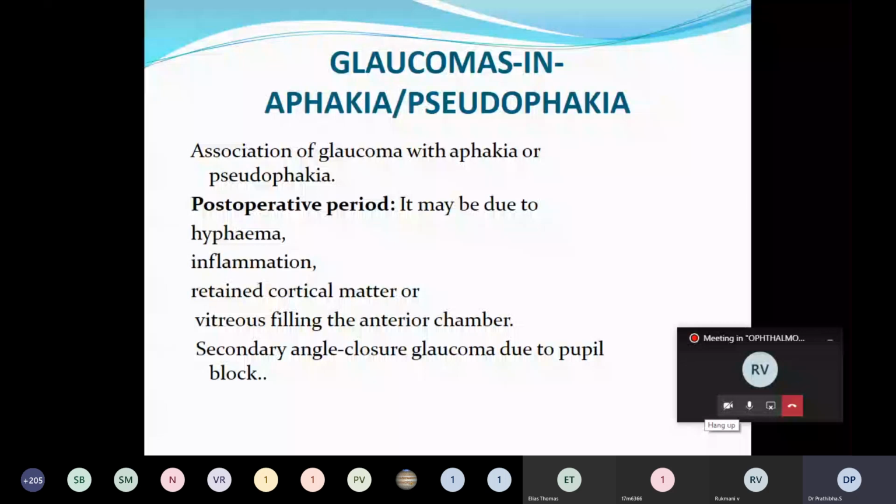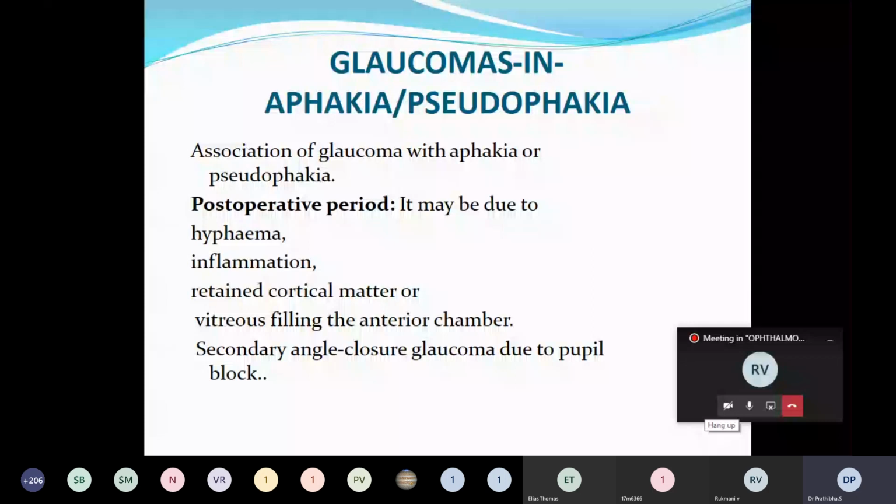Then post-operatively, as you all know, there may be a little amount of inflammation. If the inflammation is severe, this also can give rise to raised IOP. Sometimes while doing a cataract surgery, when we aspirate the cortical matter, a part of the cortical matter may escape the aspiration, and we would have left a little cortical matter in the anterior chamber. This again can raise the IOP.